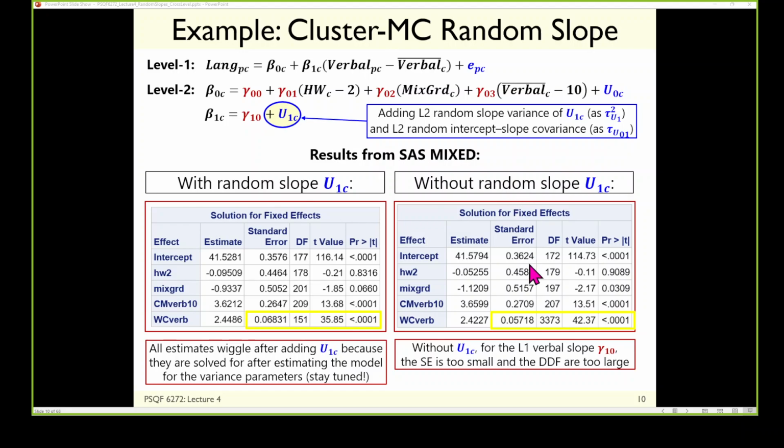So with the random slope, there is more uncertainty in estimating the fixed slope because it depends in part on what clusters you have, since the slope varies across clusters. And in addition, the Satterthwaite degrees of freedom change it into something that looks closer to level 2. So the same test will be different after adding a random slope for the fixed effect that it's the slope of. Okay, does that answer those two questions?